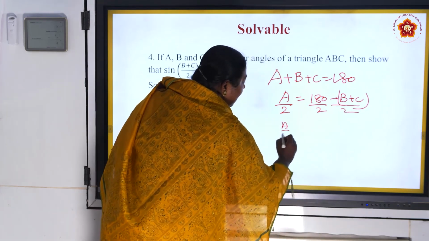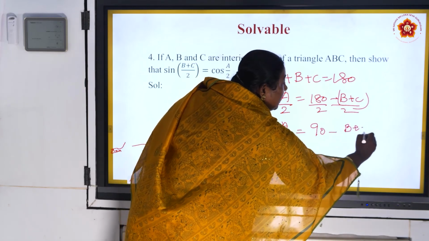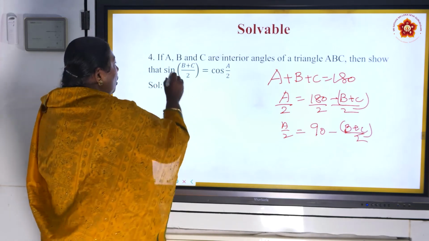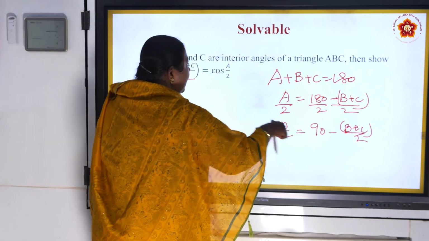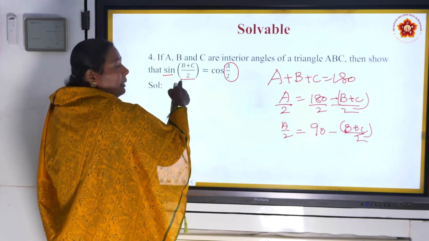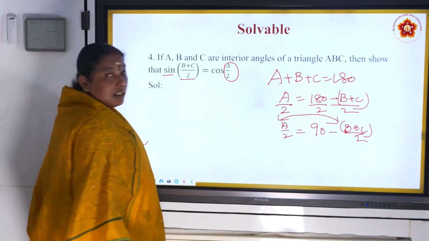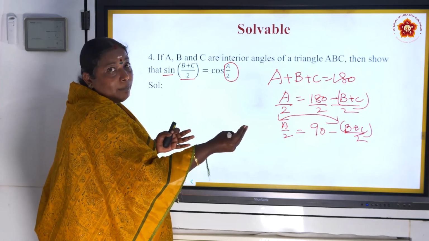So A by 2 is equal to 90 minus (B plus C) by 2. So sine of (B plus C) by 2 I can write as cos A by 2. I can compare A by 2 with (B plus C) by 2. How?